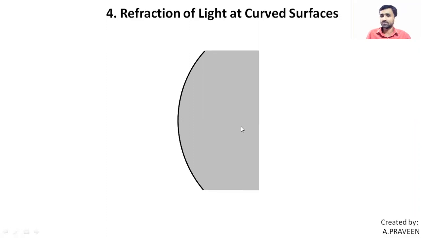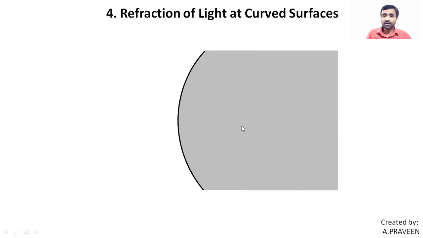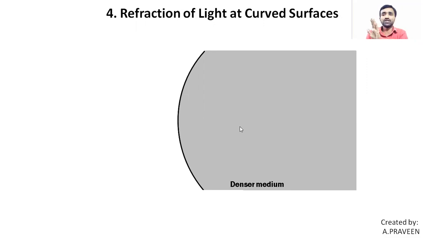For that situation, I am considering one curved surface. We know curved surfaces, whether concave or convex, but how the image will be obtained by refraction is our topic. Here I am showing you the mediums. The shaded region is always the denser medium, and the other is the rarer medium. I am representing the refractive indices of the respective mediums.